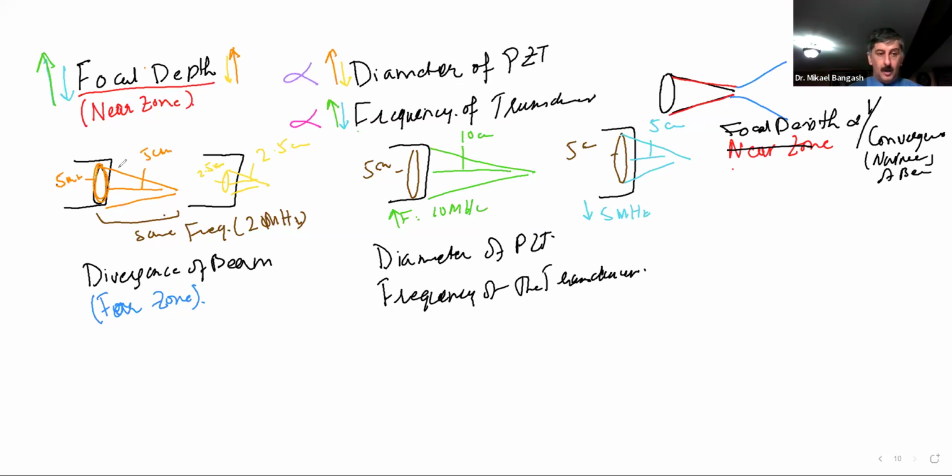Why? Because in a case where the beam converges to a greater degree, as over here compared to here, you have a shallower focal depth.